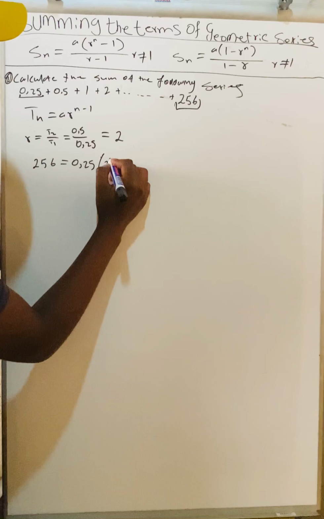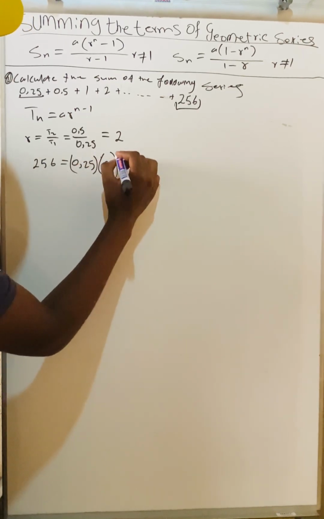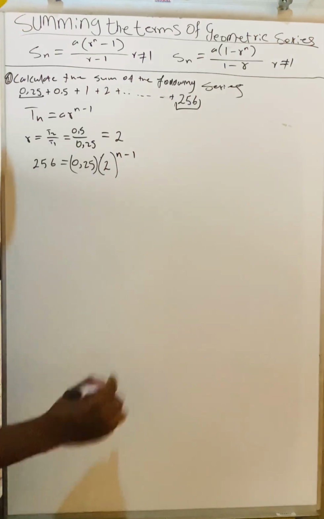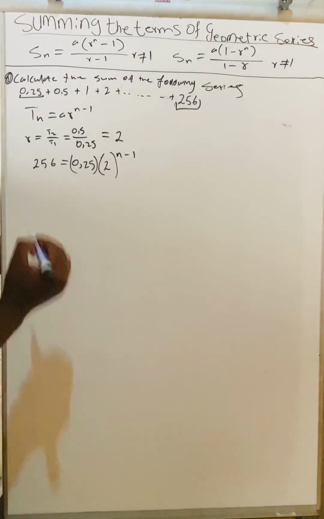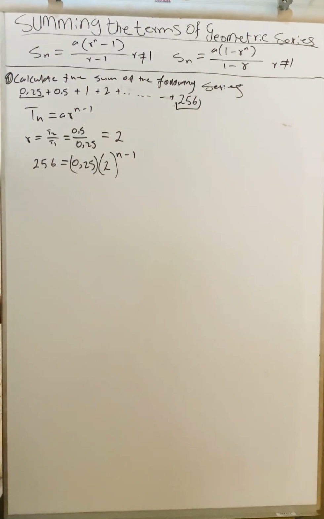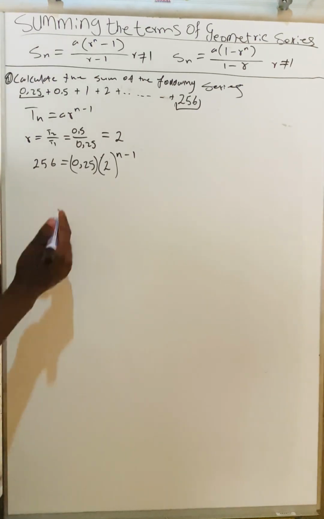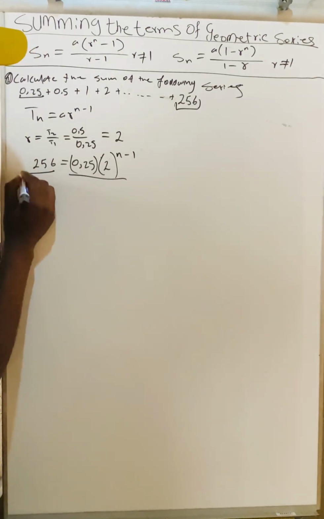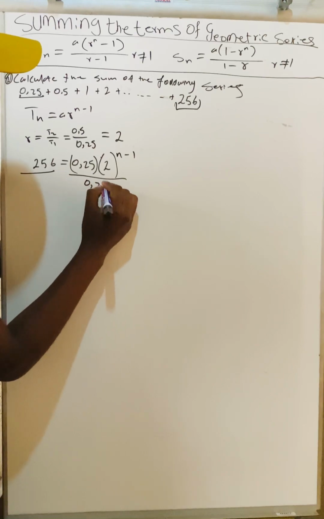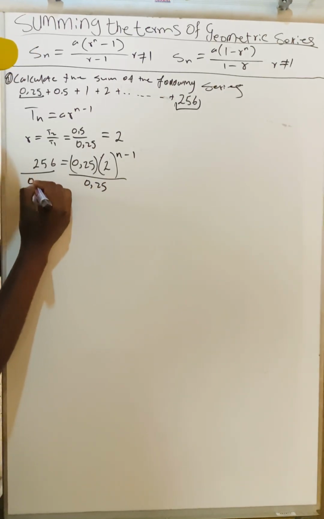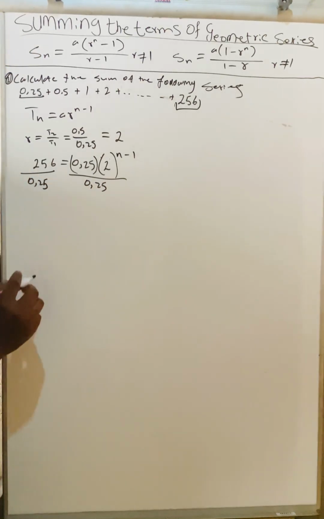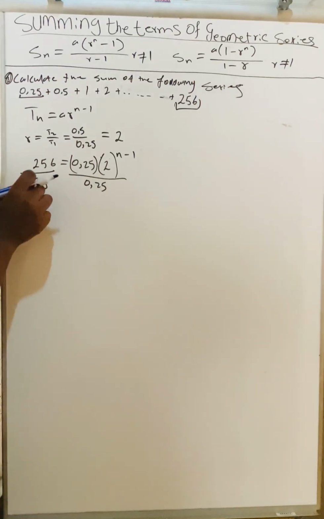It's 2. You close the bracket and write n minus 1. Then from here it is just simple maths from grade 10. Firstly, you have to divide both sides by 0,25.